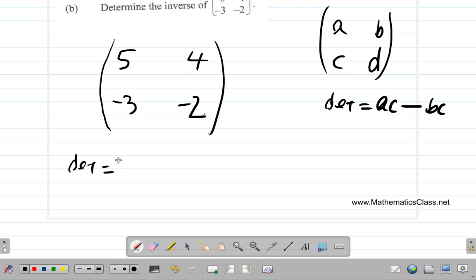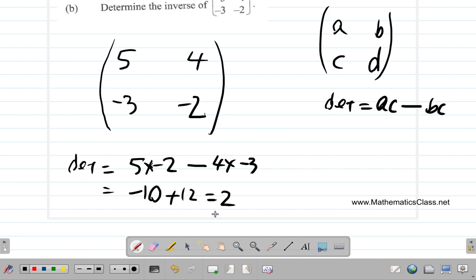Okay, you've done that. So it's 5 times negative 2 minus 4 times negative 3. So what you have is negative 10 plus 12, which is 2.